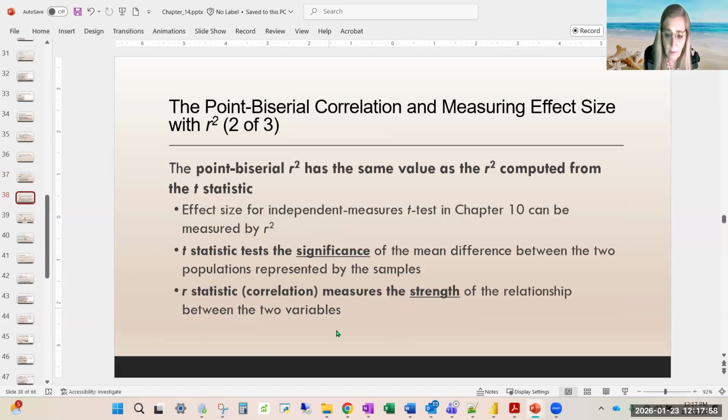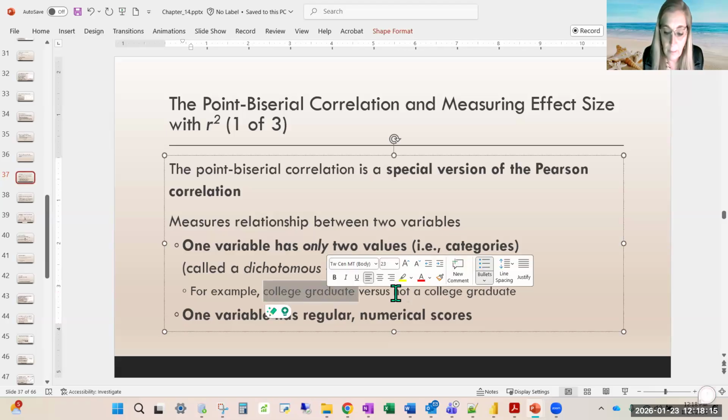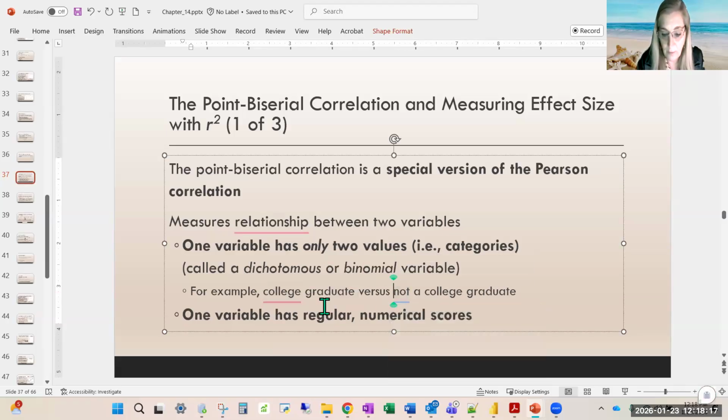It's kind of like a t-test, or at least it uses the same kind of data. The t-test is comparing two groups on some numerical value, right, on their scores. So in a t-test, the example they're giving here is graduate, non-graduate, but you could also do a t-test using the same data.